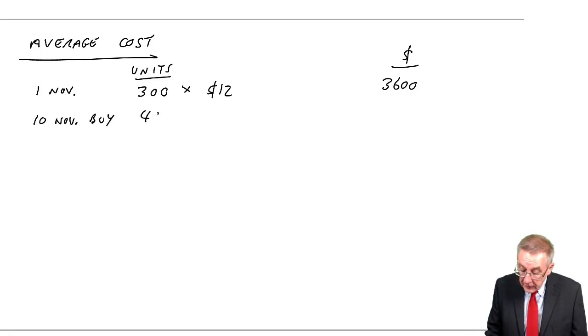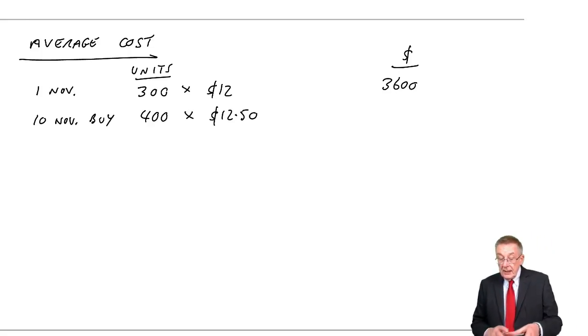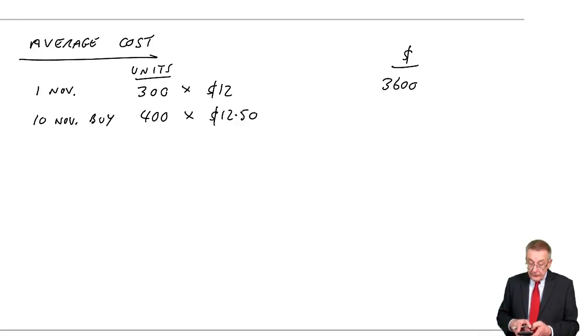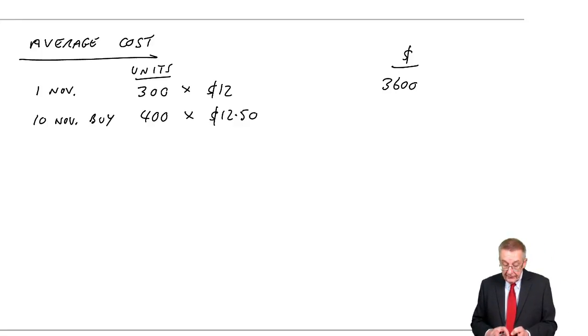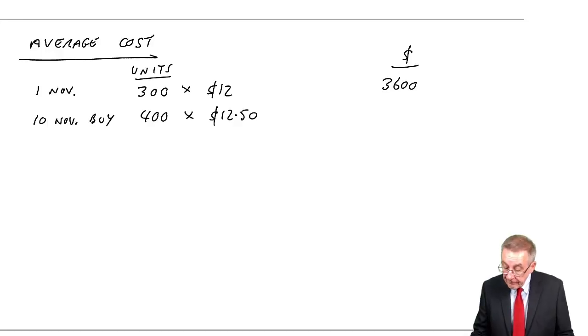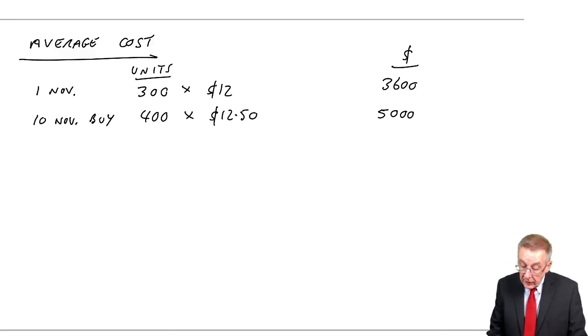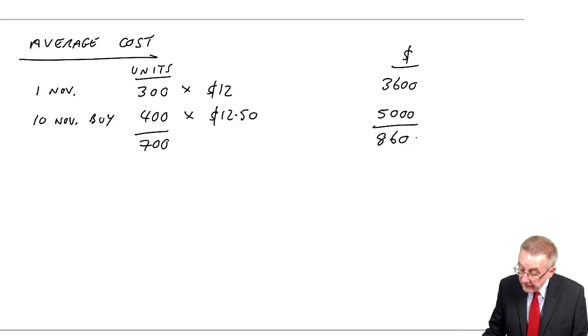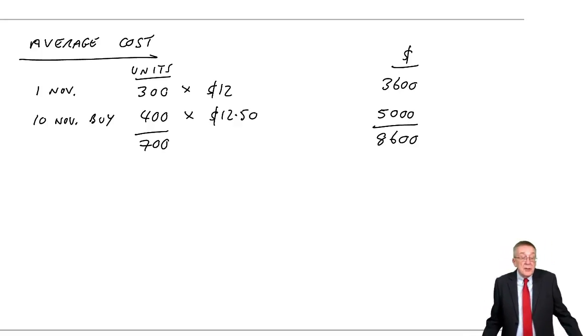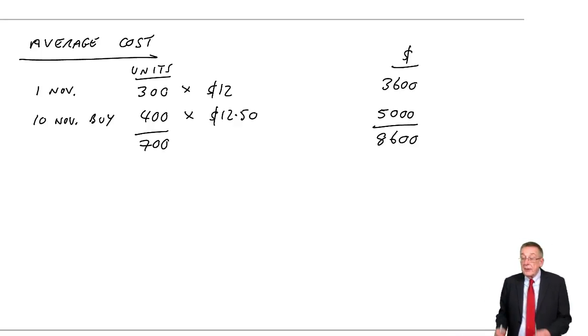We bought another 400 units. They cost $12.50 each. And so how much did they cost? 400 times $12.50, 5,000. So at that stage, there's no argument. I've got 700 units. The total value, 8,600. And if we stopped, if that was the end of the month, that would be the value.